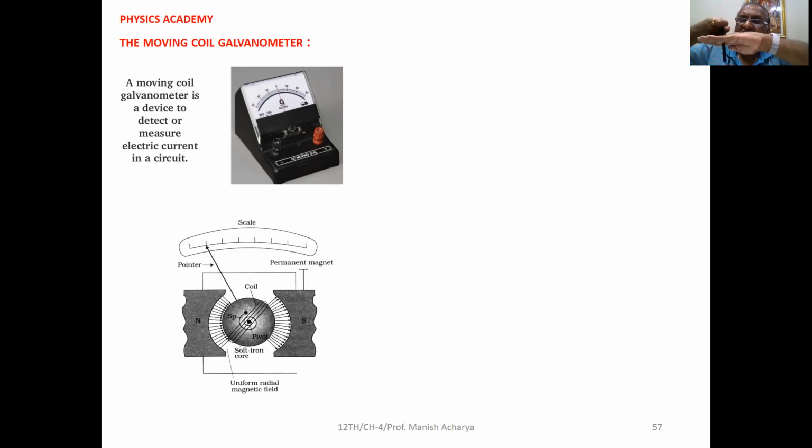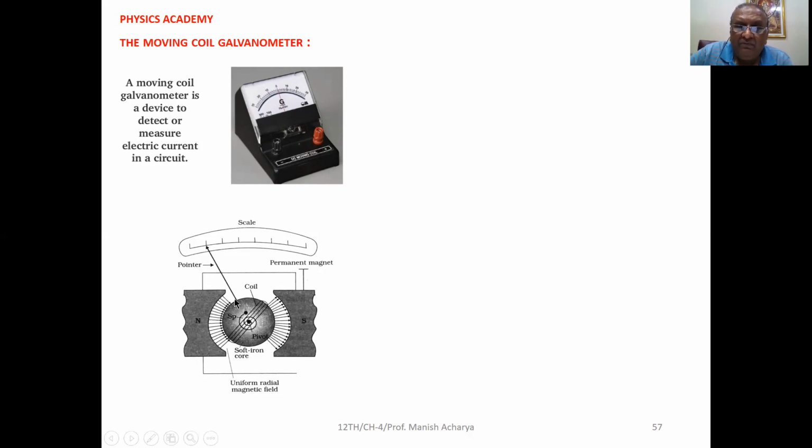So when this one is rotated like this, torsion will be produced in the spring, so the spring will produce a restoring torque. When the torque acting on the coil and the restoring torque produced in the spring both become equal, then your coil will be steady.